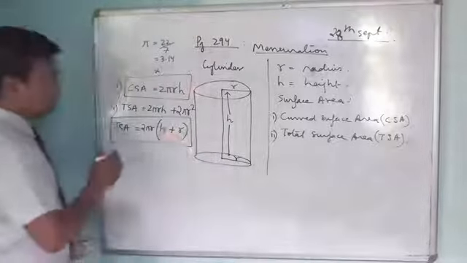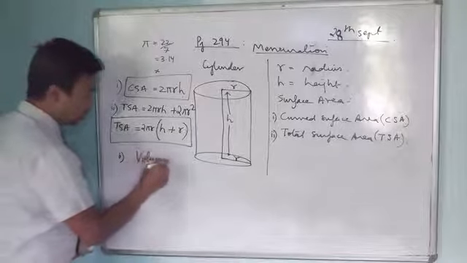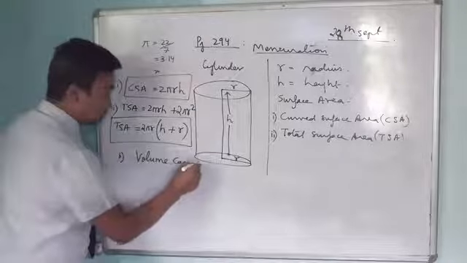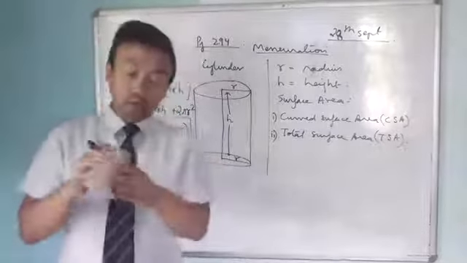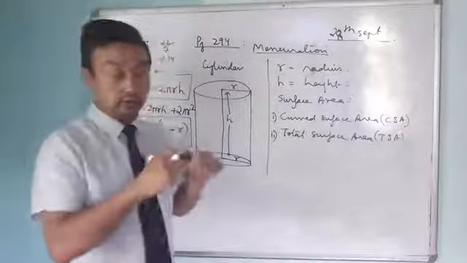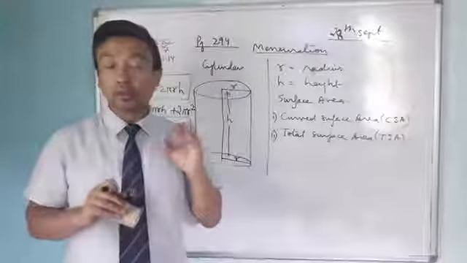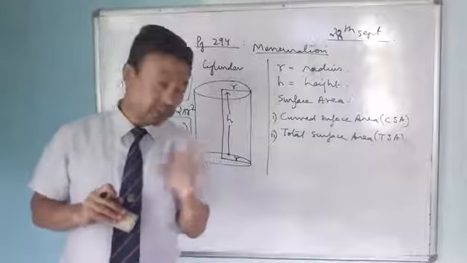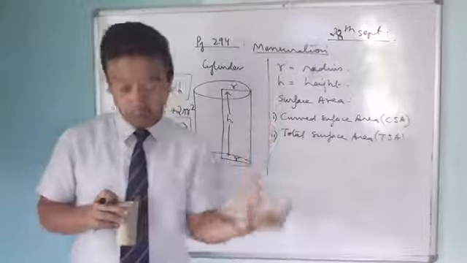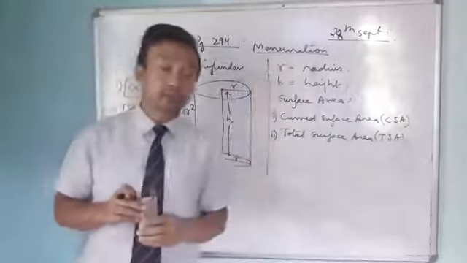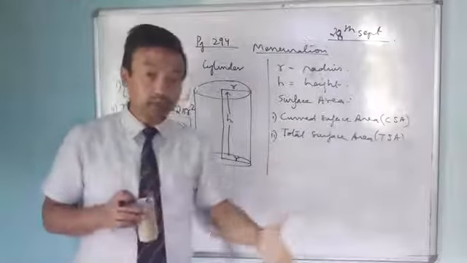Now the third one is the volume. Volume is also known as the capacity. So how much volume, or what is the capacity to hold things inside this cylinder? Basically, the general formula for the volume of any solid, whether it is a cylinder, a cuboid, a cone, a sphere, etc., is always the area of the base into the height.